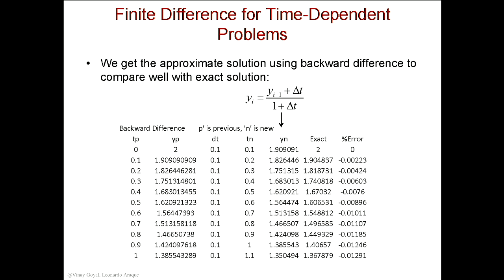Then I can use that as the previous value and keep marching forward. It's a recursive formula. Once you have yi minus 1, you get yi. Next time, the old value becomes the one that you put here, and you just keep marching forward. And when I do that, the error is again within 1%. Pretty good actually.